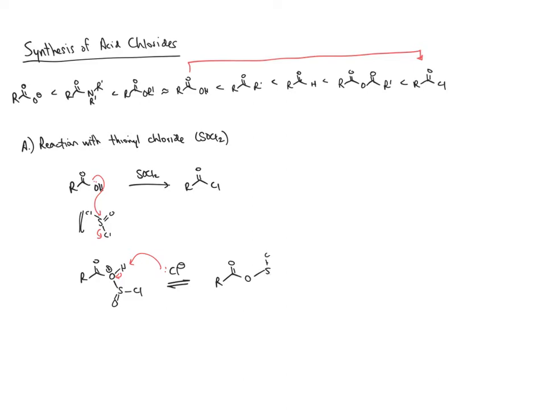And this neutral species has what I like to call a superleaving group inside. All right, so this unit here is what I'm going to call the superleaving group, or the SLG. And the reason we call it a superleaving group is because it has some small molecule embedded inside.